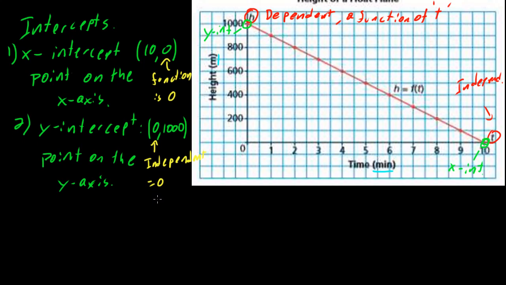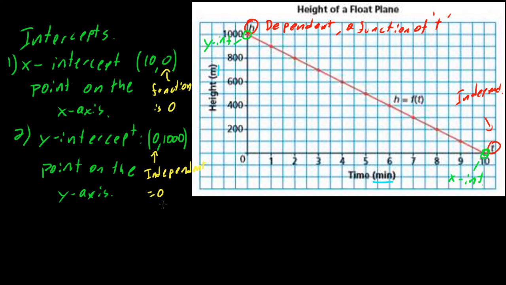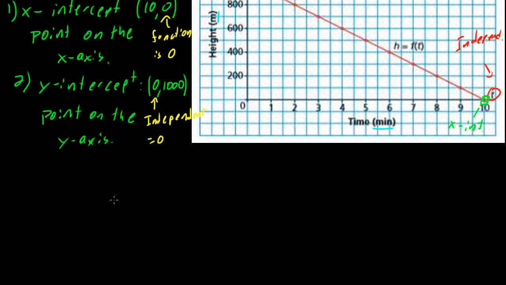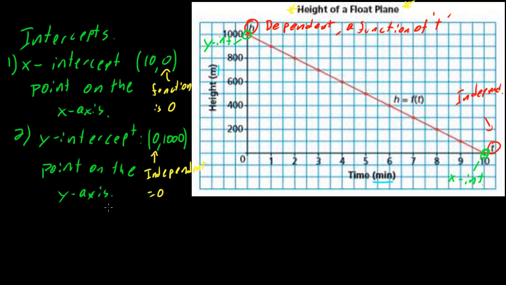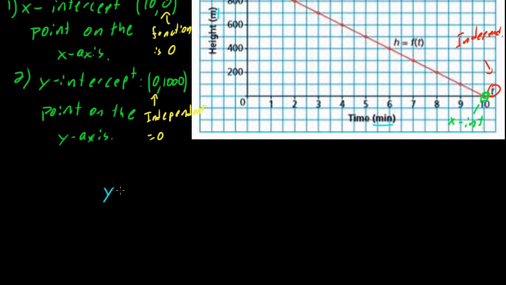Now, this is a context question. So we could ask ourselves, what do these x and y intercepts mean in the context of the question, the height of a float plane? And what we should see here is that our y-intercept, in the context of the question, says when our plane is going to start descending.